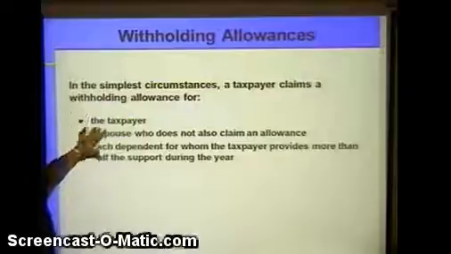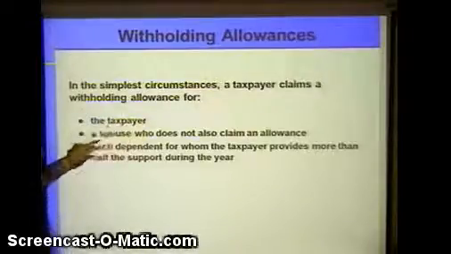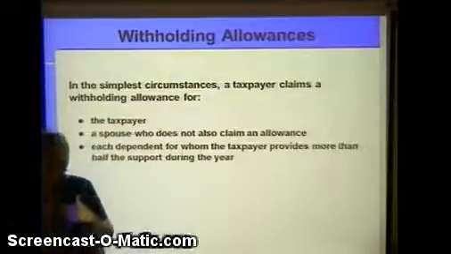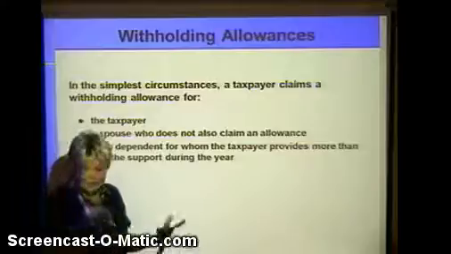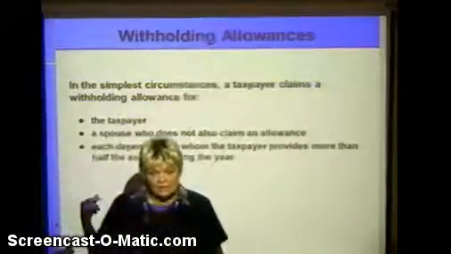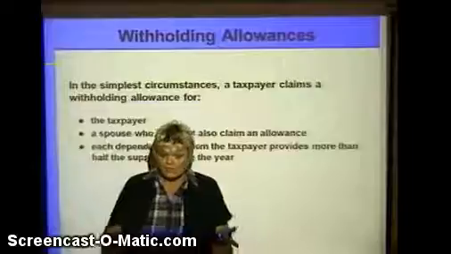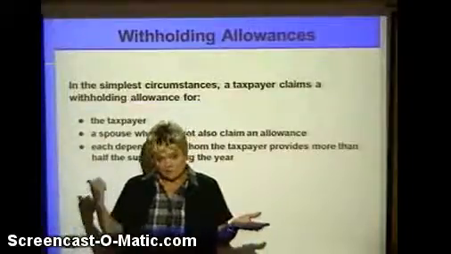Here's the set of circumstances: the person is going to claim himself, his spouse, and any dependent children, or dependents, which may not necessarily be just children. The law covers that, and you take income tax, of course.